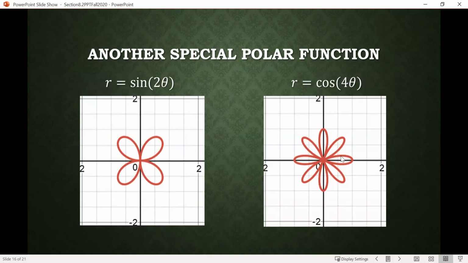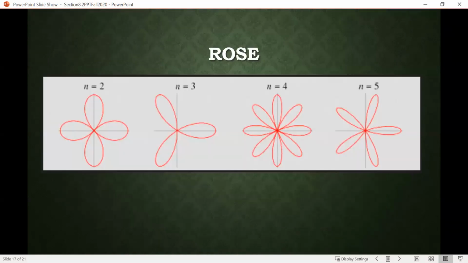So it looks like there's some sort of relationship where the number of petals is double that number on the inside. And that in fact works when we have even numbers, so n equals 2 or n equals 4. But if it's an odd number, like we see here with n equals 3 or n equals 5, and you count the number of petals, well, it turns out that that's exactly the same number.